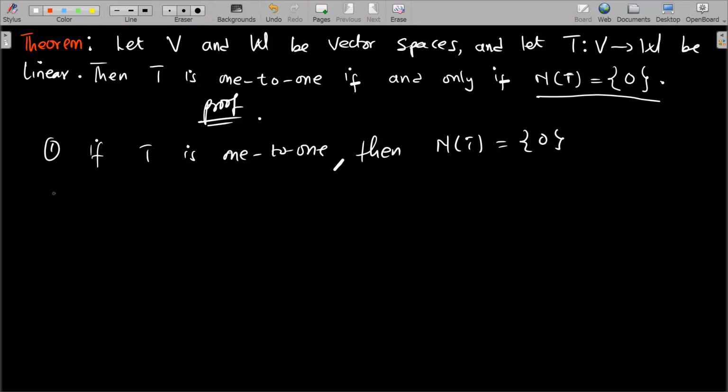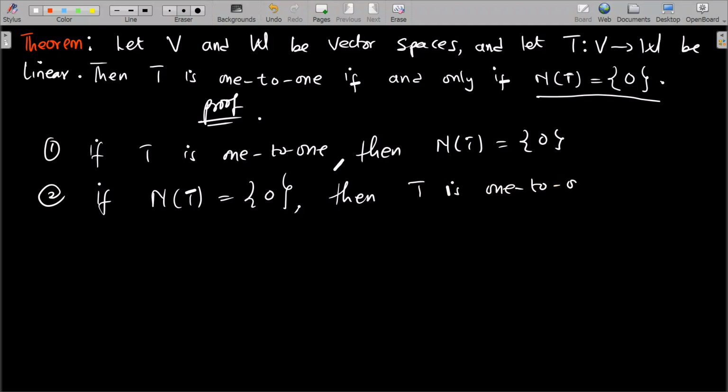And two, if the null space of T is equal to the zero vector, then T is 1 to 1. These are the two things we want to prove.